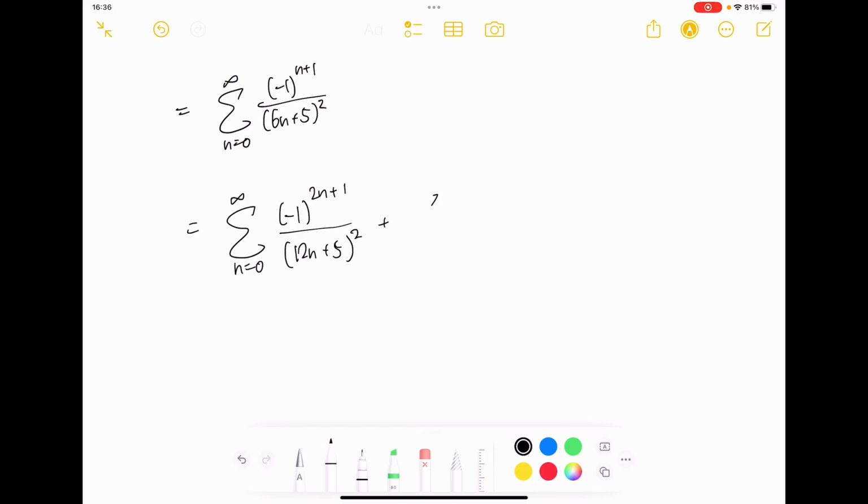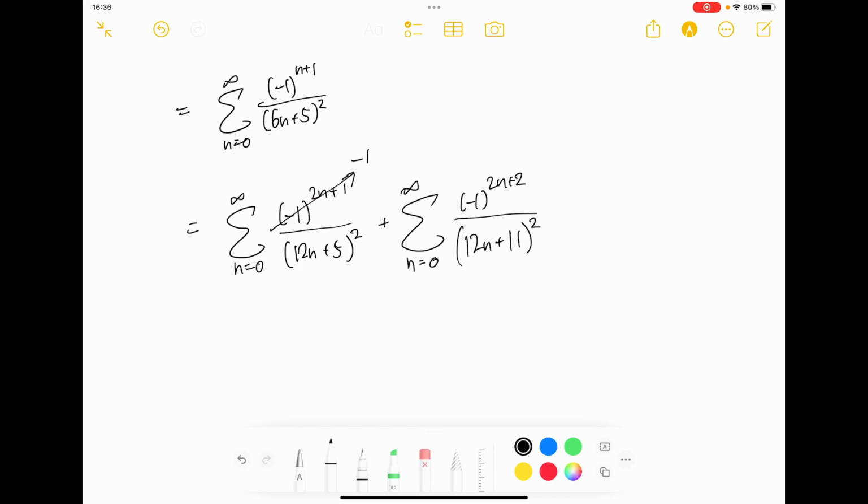And then we add on the odd part, substituting n equals 2n plus 1. So we're going to get negative 1 to the 2n plus 2, divided by, when we put 2n plus 1 in here, 12n plus 6, but we also have to add this 5, so that becomes 12n plus 11 squared. And now the numerators become nicer.